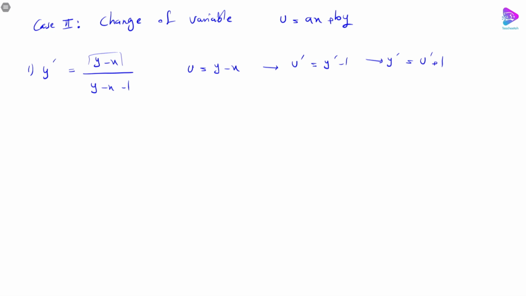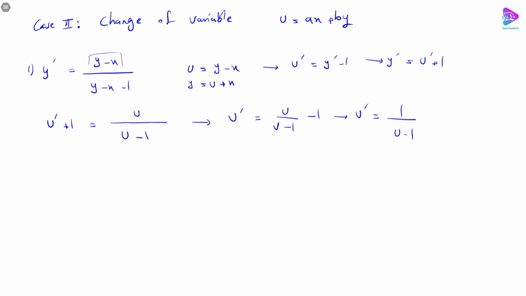So let's replace back. u prime plus 1 is equal to, and here y would be u plus x, right? u over u minus 1, and from here we can say u prime is equal to u over u minus 1 minus 1, and therefore u prime is equal to 1 over u minus 1.